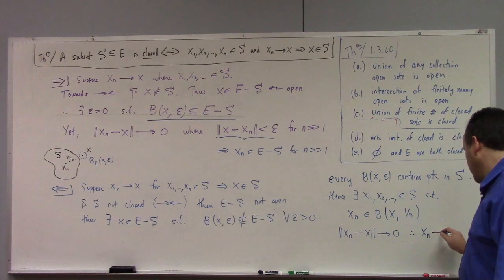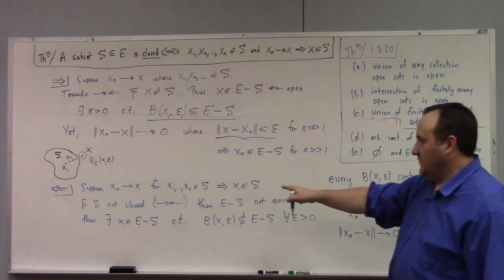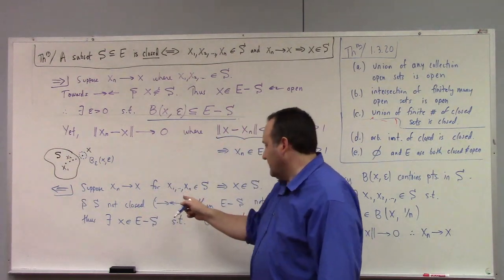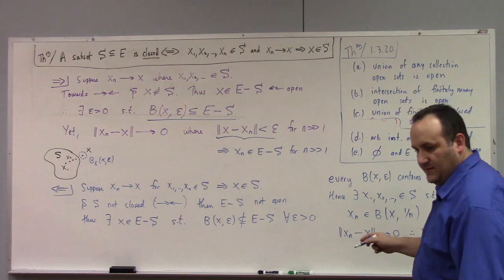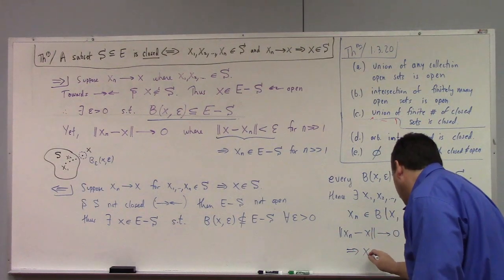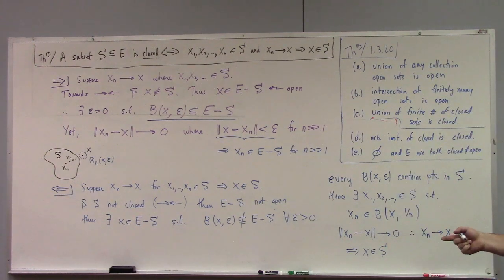And then what's the assumption? By assumption, if we have a sequence of points in S that converges to x, it follows that x is an element of S. Right? But what is that? Well, that's a contradiction, right?